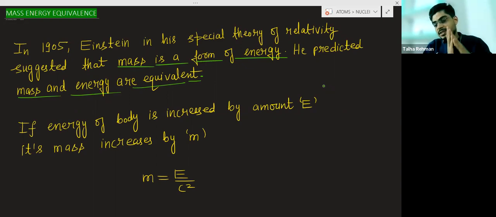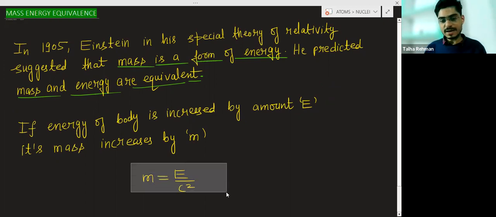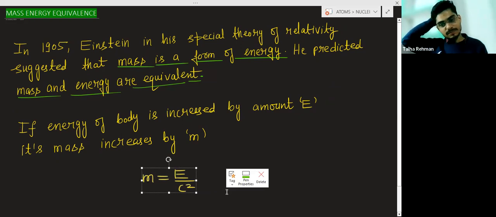And if some mass disappears, then energy will be released due to the disappearing of that mass. And if you are supplying some energy to an object, then the mass of that object will increase. This is m is equal to E by c square.